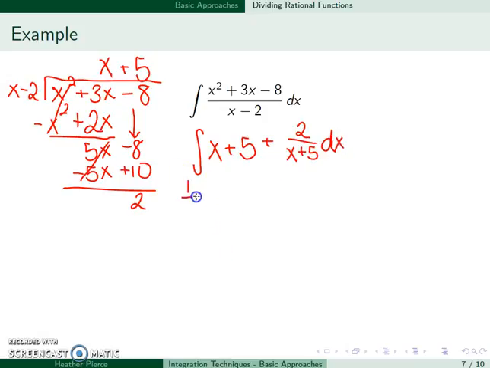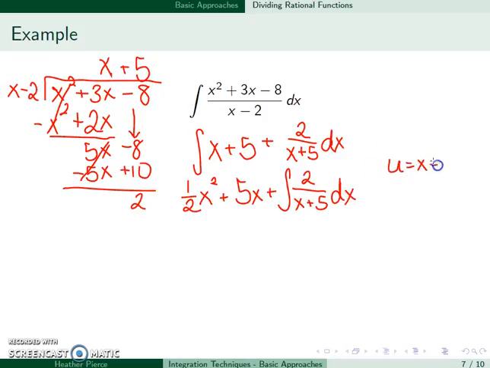The integral of x is 1/2 x squared, and the integral of 5 is 5x. This term here is a little more complicated. So I'm going to let u be equal to the denominator. So then I have that du is just equal to dx.